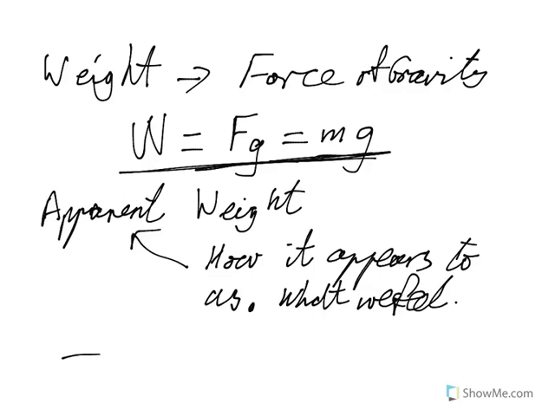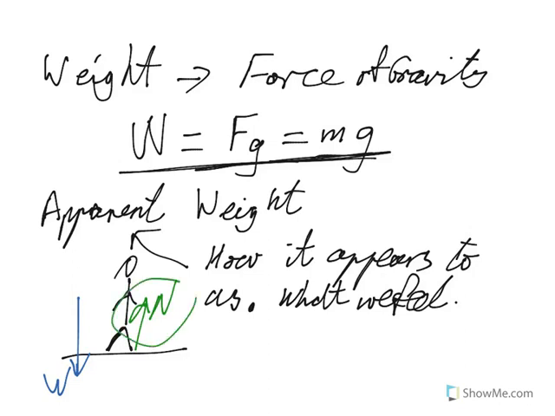So what are we talking about then? Well, if we're standing on the ground, here's us standing on the ground, and we've got this weight force acting on us, bringing us down. Well, we don't actually fall through; the ground holds us up with what we would call a normal reaction force. So when we're talking about apparent weight, what we're really talking about is this normal reaction force, and that's what we feel.